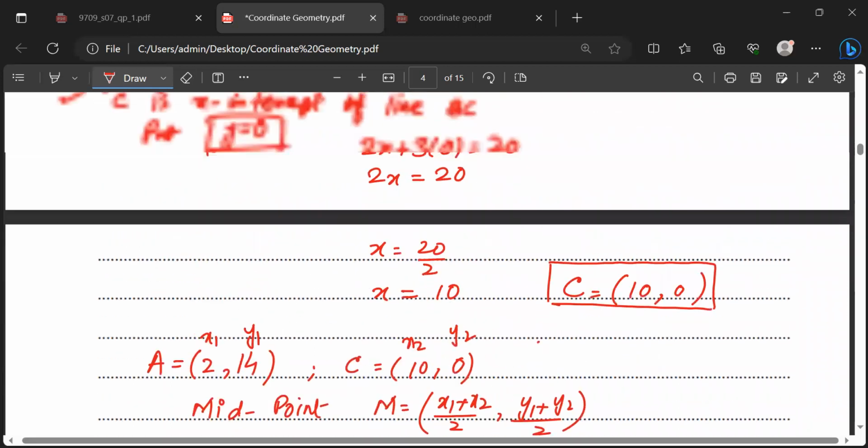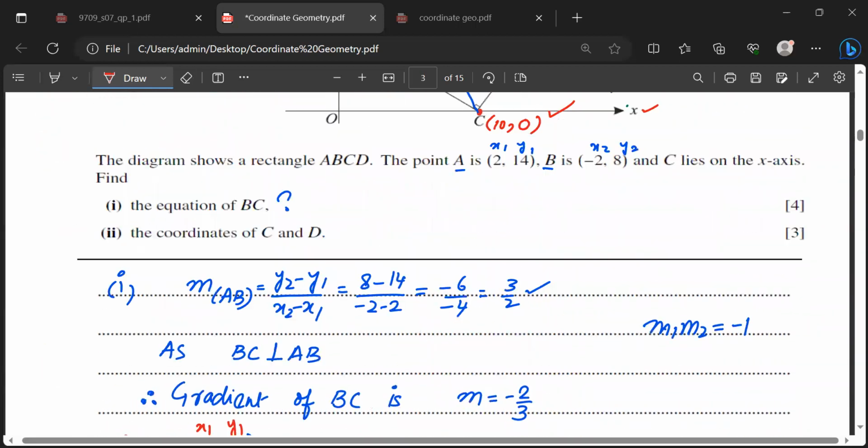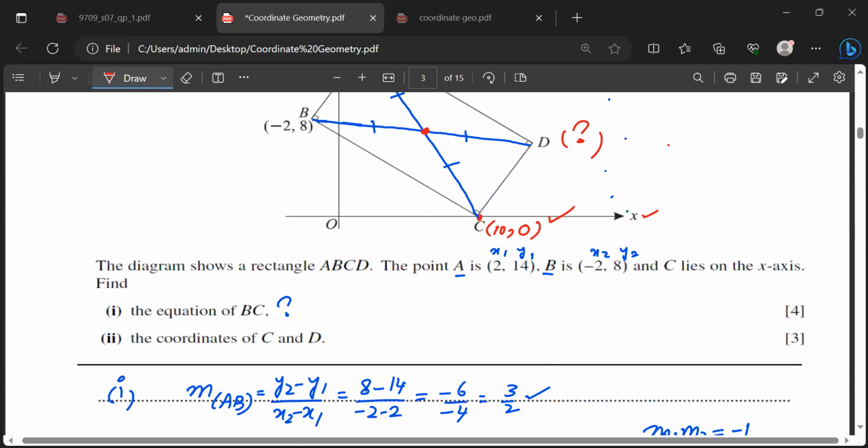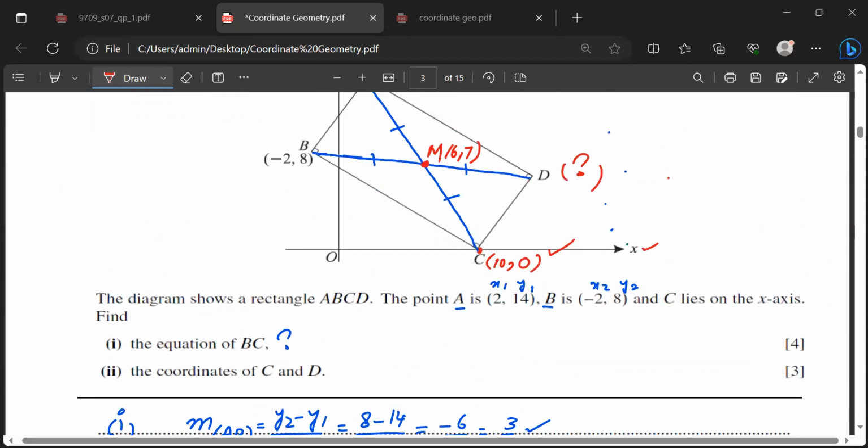So this midpoint of AC is also the midpoint of BD.